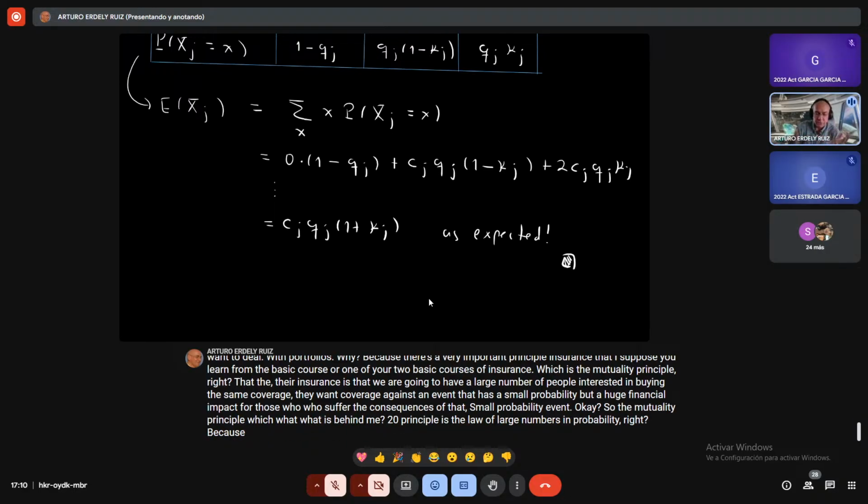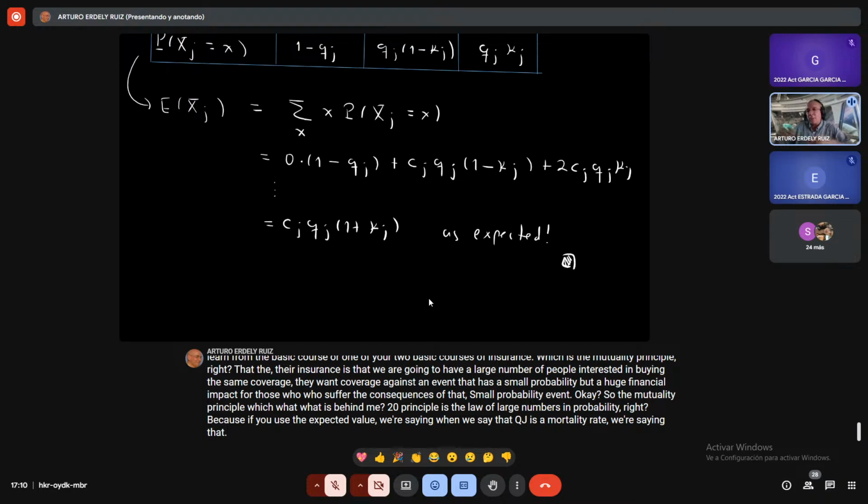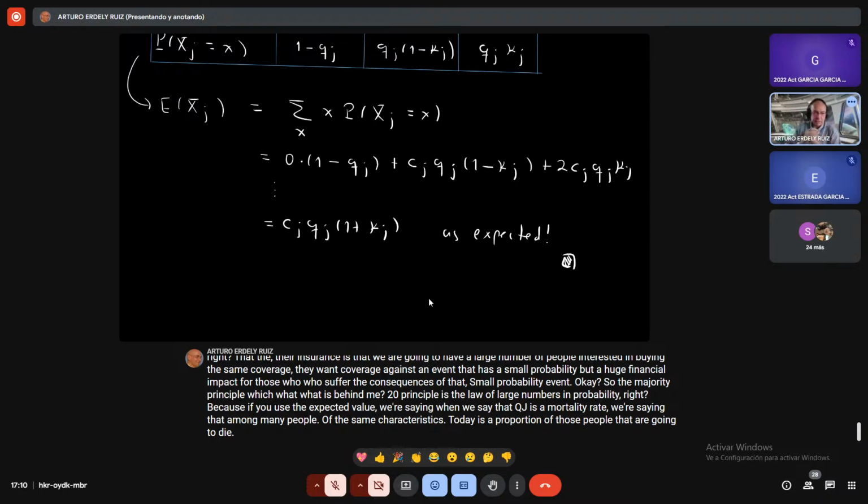Because if we use the expected value, when we say that QJ is a mortality rate, we're saying that among many people of the same characteristics, QJ is a proportion of those people that are going to die, for example, or a proportion of people that are going to have an accident, right?